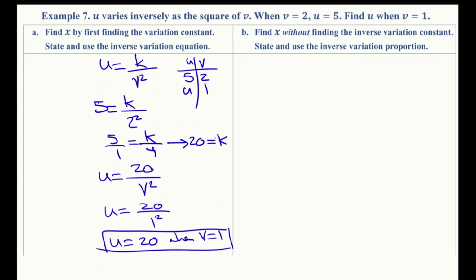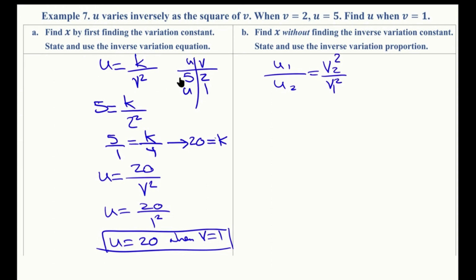Now we can also do this without having to find k first. So we're going to set up our variation, but you have to be careful because you're going to have u1 is to u2 not just as v2 is to v1, because we have squared here. So as v2 squared is to v1 squared, like so. So now we substitute.